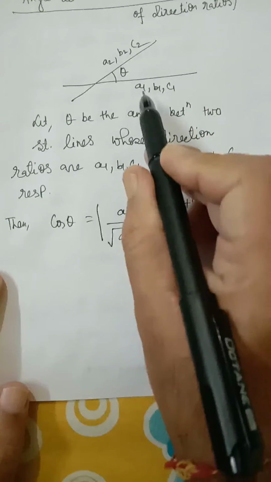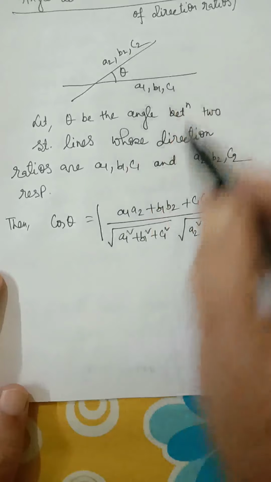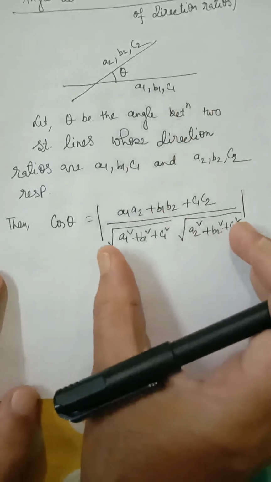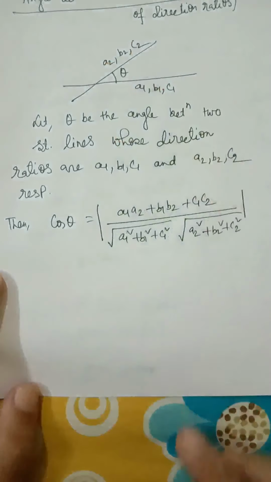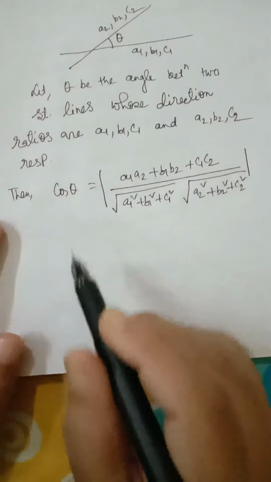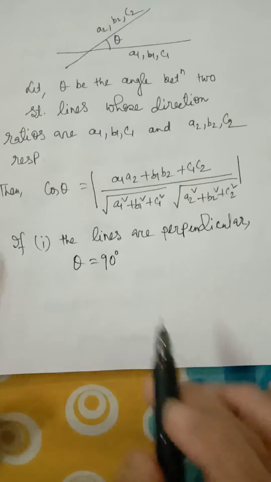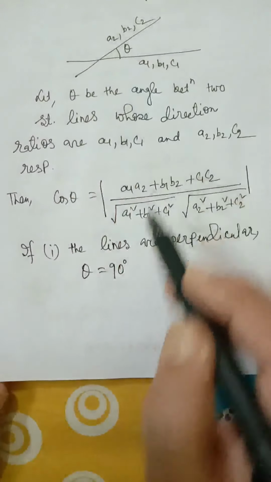So if a1 b1 c1 and a2 b2 c2 are the direction ratios of two straight lines, then this is the formula for the angle between two straight lines. Now if the lines are perpendicular, then the angle between them, theta, will be 90 degree.